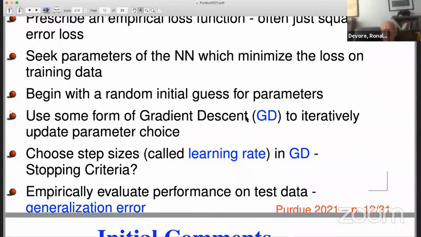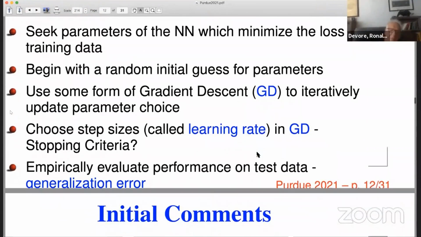There's something called the learning rate, which tells you the step sizes you're going to utilize in gradient descent. And there is, in my reading, I don't see too explicitly the stopping criteria. How do you decide when to stop when you're doing the iterations of gradient descent?